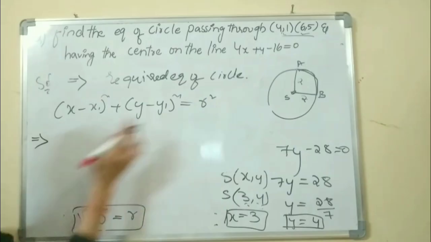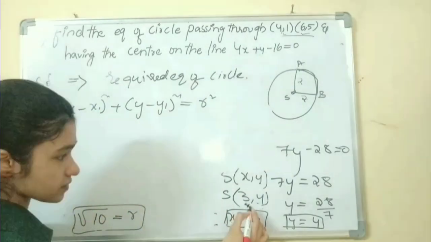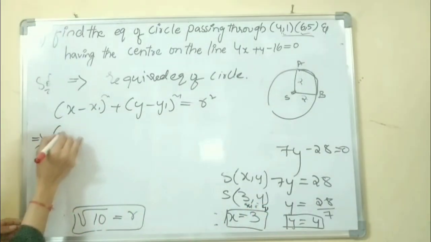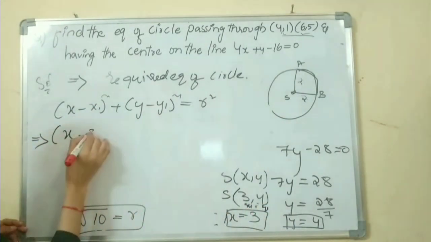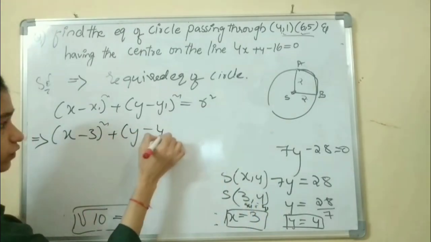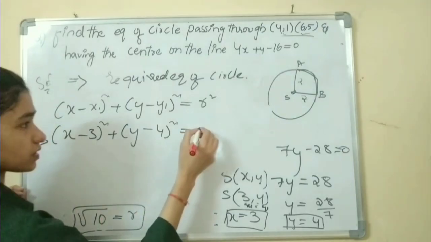Okay, now here x1 value is 3, y1 is 4: x minus 3 whole square plus y minus 4 whole square equals r square. What is the value of r? It's under root 10.